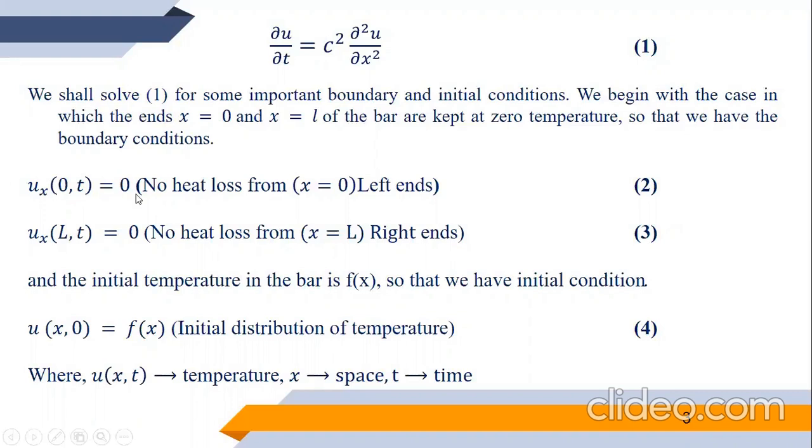Therefore, the boundary conditions are u_x(0,t) equal to 0, u_x(L,t) equal to 0, and the initial condition, that means at time t equal to 0, u(x,0) we consider f(x), and this is called the initial distribution of temperature. Now u(x,t) is nothing but a temperature which depends on the space x and time t.